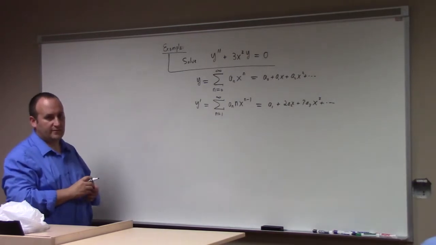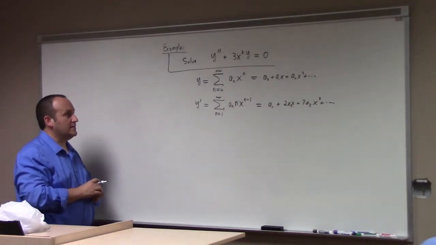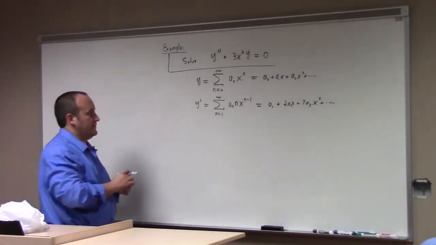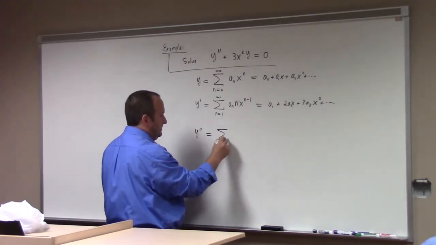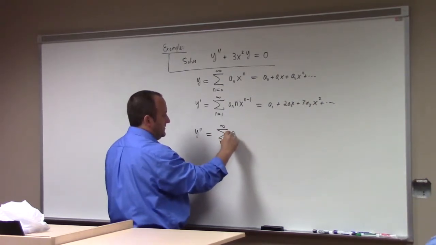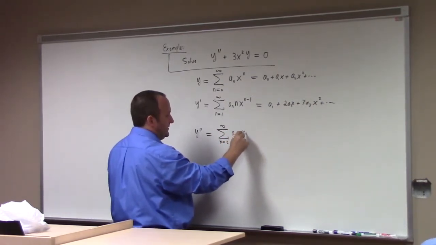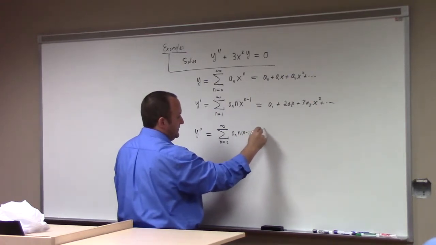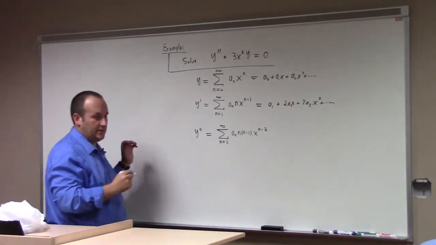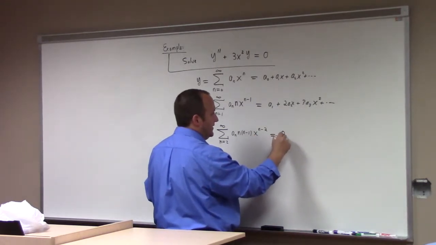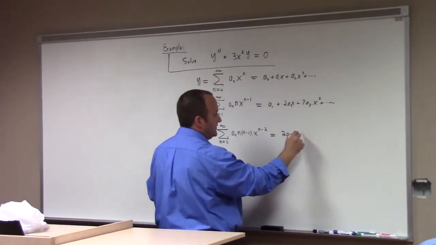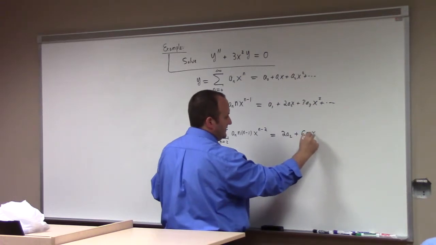I'm just writing it there for pedagogical reasons. And then take a second derivative, y prime prime. That's going to be the sum, n equals 2 to infinity, of a sub n times n minus 1, x to the n minus 2. Which, if you're keeping track, would be 2a2 plus 6a3x and so forth.